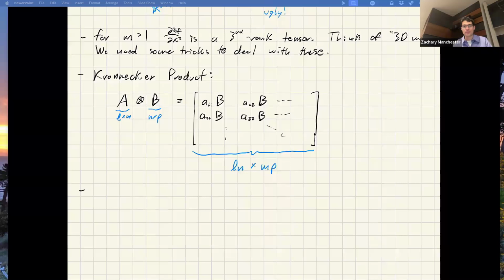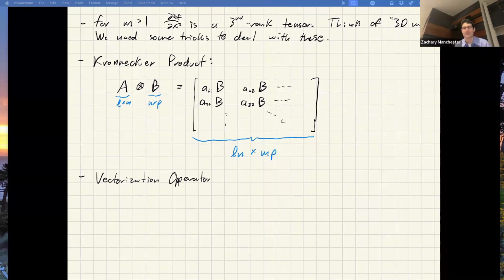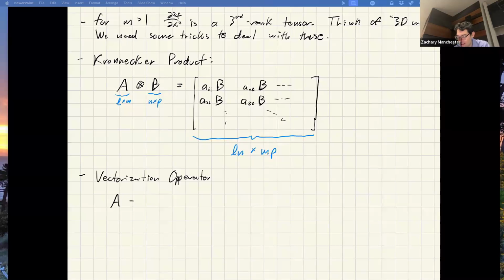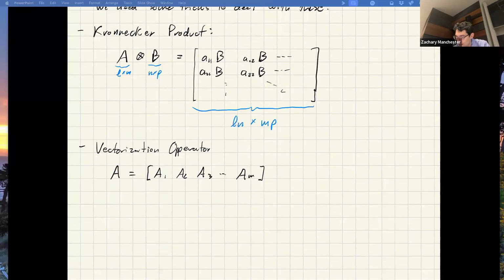And then the other thing we need to do these things is called the vectorization operator. If I have a matrix A, let's say A is this L by M thing, and I imagine the matrix A is made up of column vectors A1, A2, A3, dot, dot, dot, out to AM.